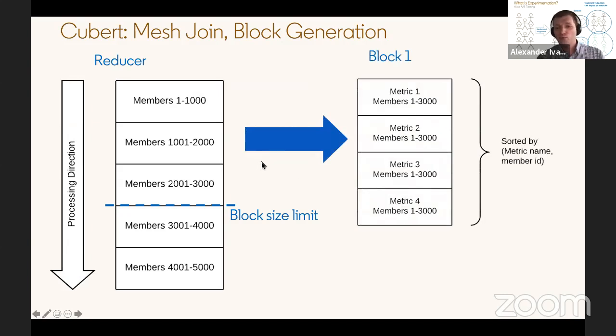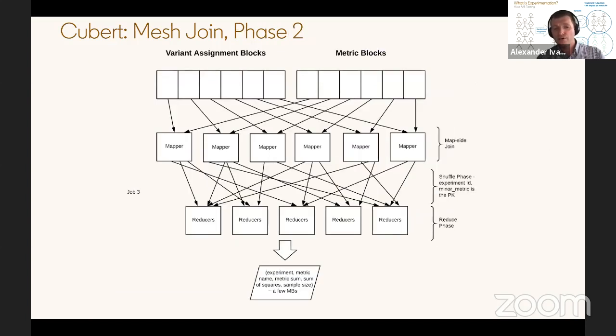And they would then sort the data on a different key, which is metric name and member ID for the metrics, and experiment ID and member ID for the experiment assignment data. That actually allowed for a very efficient join.